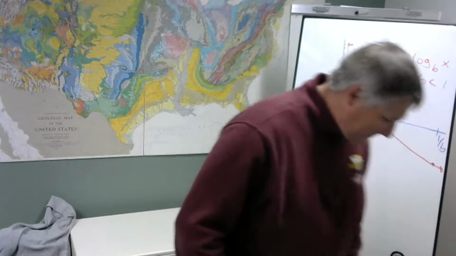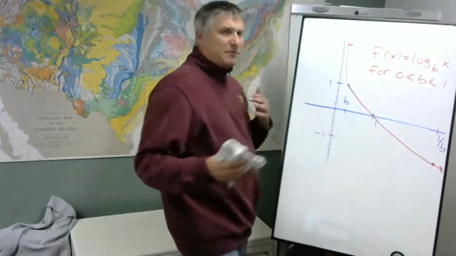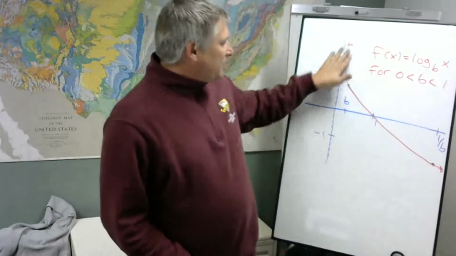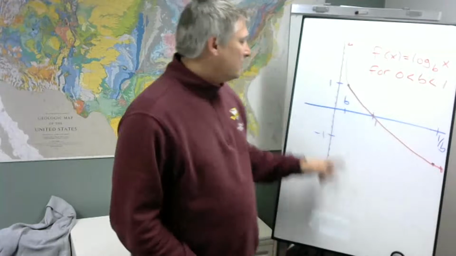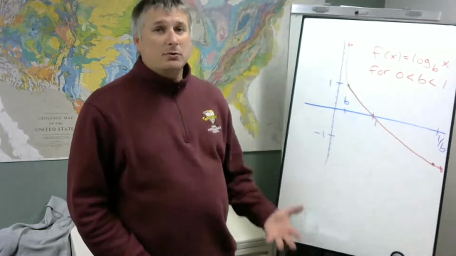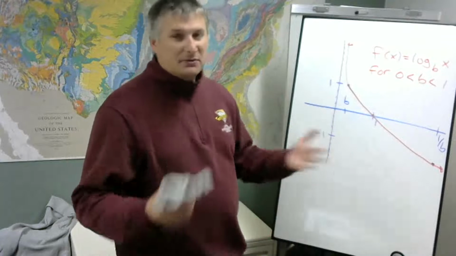Let's say we have this. And the key thing, just like with the exponential function, not only is the curve going to move, but your vertical asymptote is going to move with you and move basically the same way.